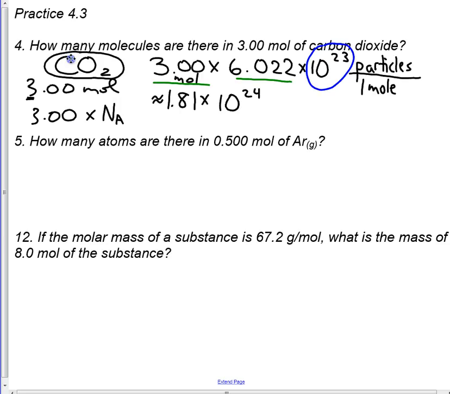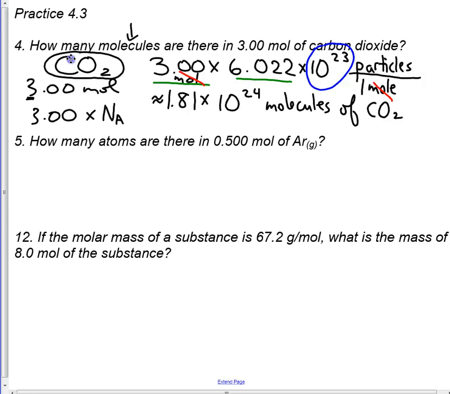And that, of course, would be in units of particles, because our unit cancellation here works for us. That many moles, that many particles per mole will have that many particles. In this case, the particles we're talking about are molecules. So we have molecules of CO2.